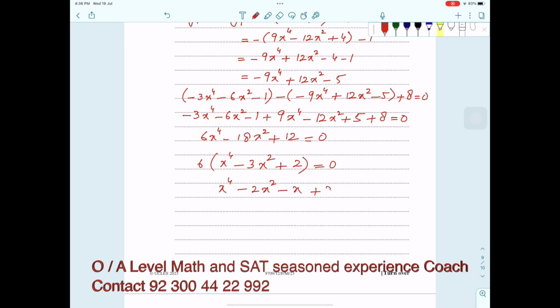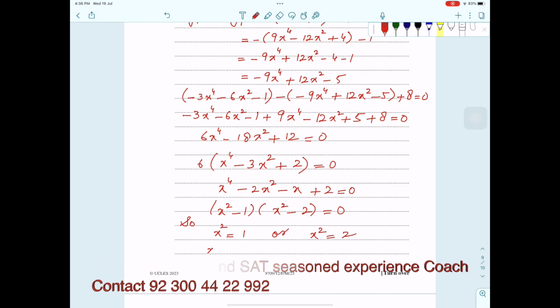And you can use the middle term split method like this. So you can take x squared common, and again I skip one step, but if you want to, you can do that. And whenever the product of two terms equal to 0, you will use the zero factor property. That means you will put both of them equal to 0. So it is x squared is equal to 1 or x squared is equal to 2.